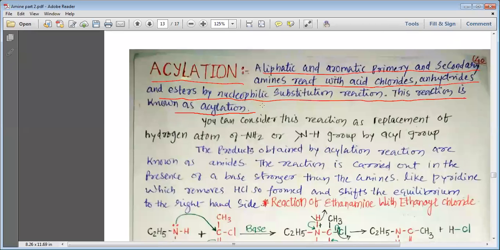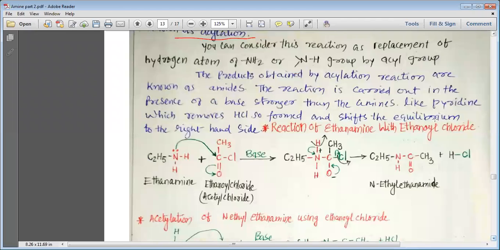This reaction is known as acylation. Once again, aliphatic or aromatic primary and secondary amines react with the acid chloride, that is RCOCl, anhydrides, that is (RCO)2O, and esters, that is RCOOR, by nucleophilic substitution reaction.